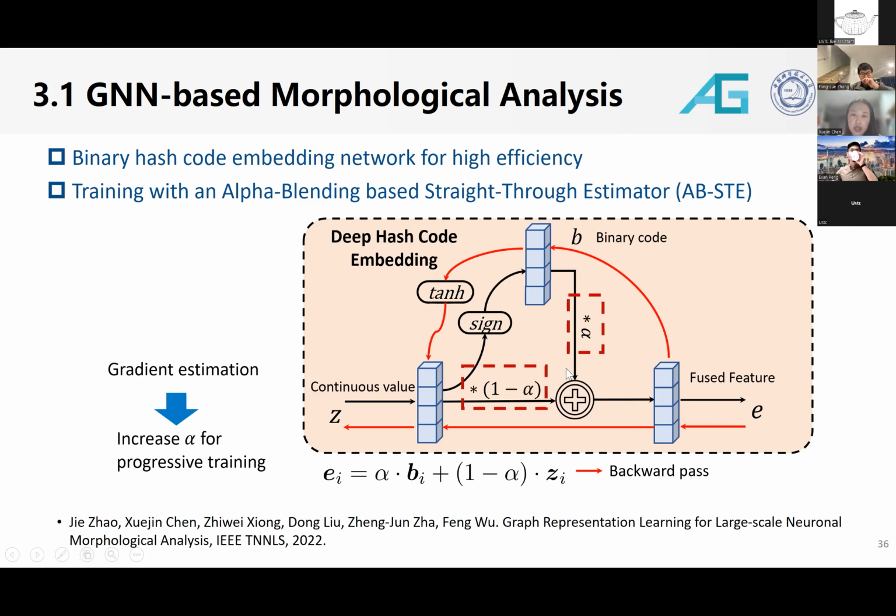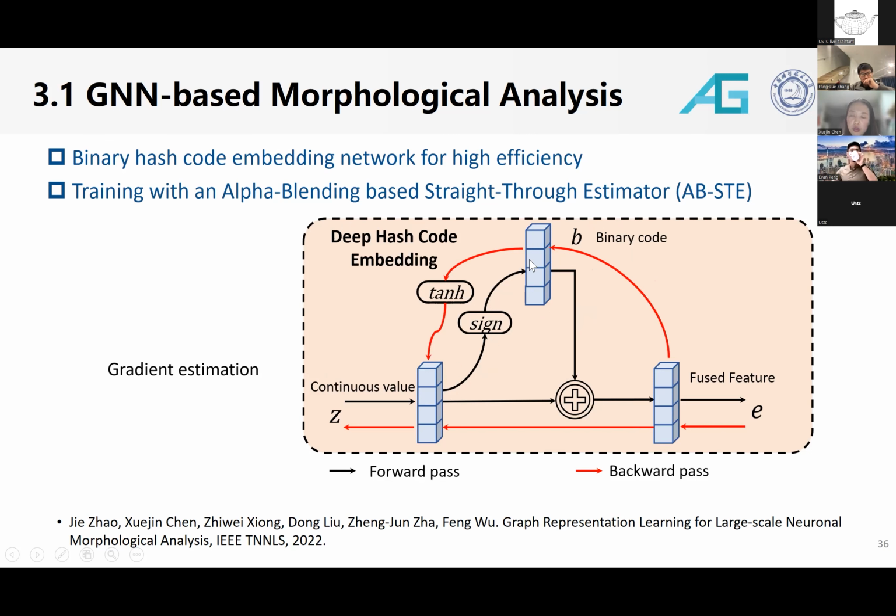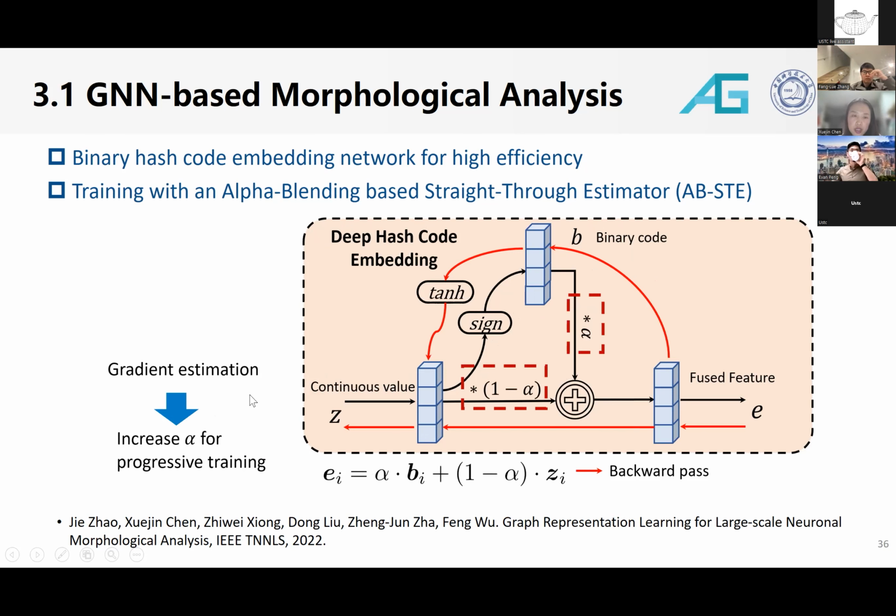So we all know that in order to train the feature embedding part, for the binary hash code, we actually do the gradient estimation according to the continuous value. But actually we do a fusion by increasing the weight for the binary and the continuous embedding value z to progressively train the feature embedding network.